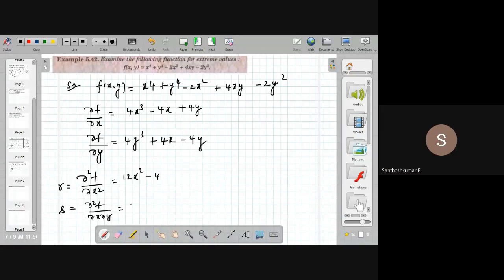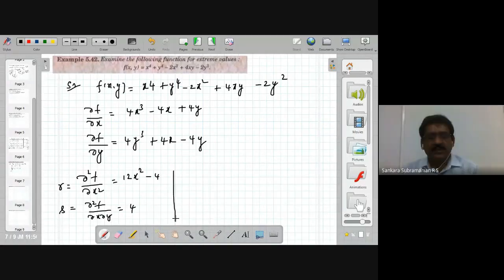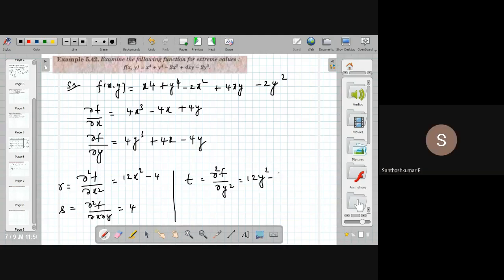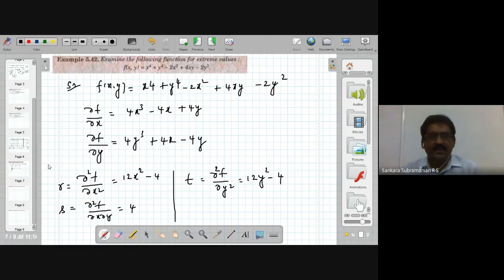You get 4. And t is dou square f by dou y square, which means go to dou f by dou y and differentiate with respect to y. So you get 4 3s are 12, 12y square minus 4. This will be needed for the second order, so for now I have kept it. You can also find it.